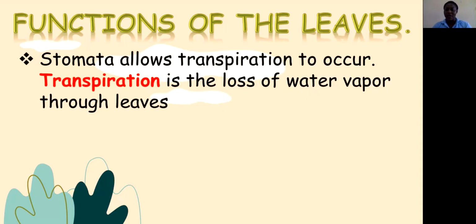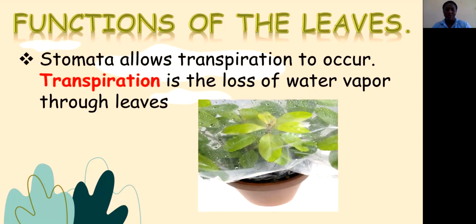Now I have a picture that shows how transpiration occurs. Now at this one, you do it at home. You take a plastic bag like the one you see on the screen.